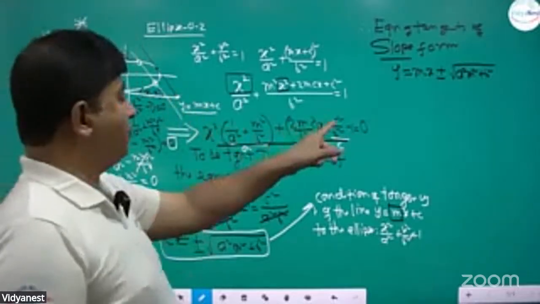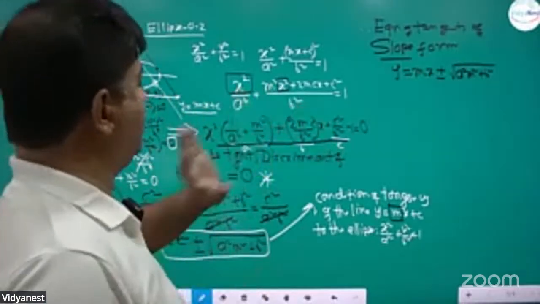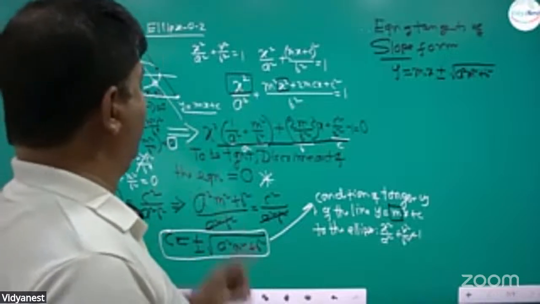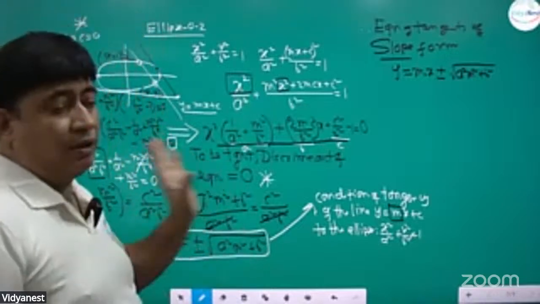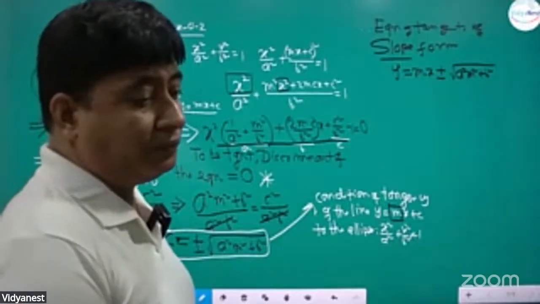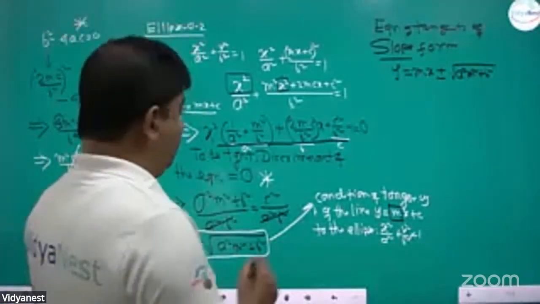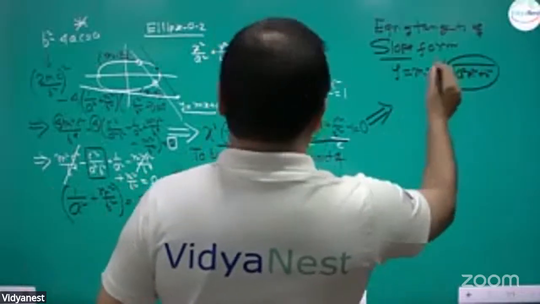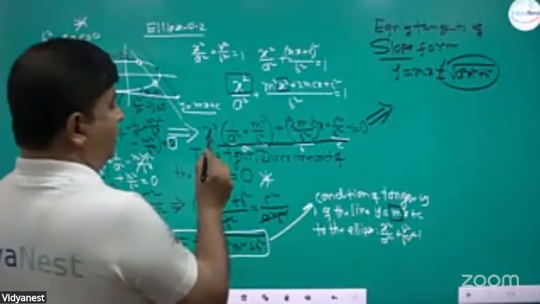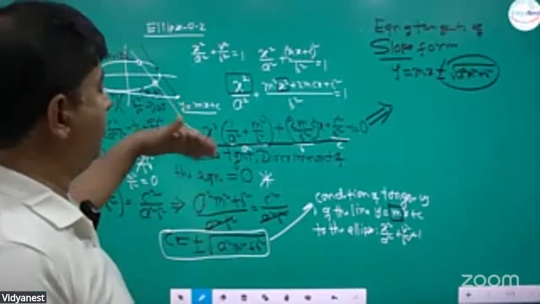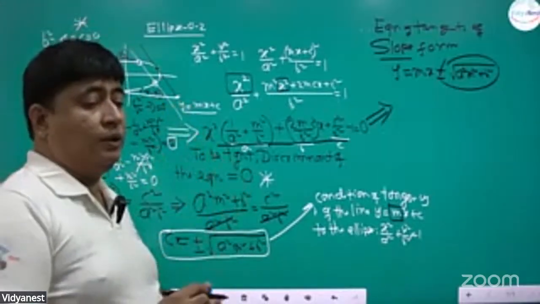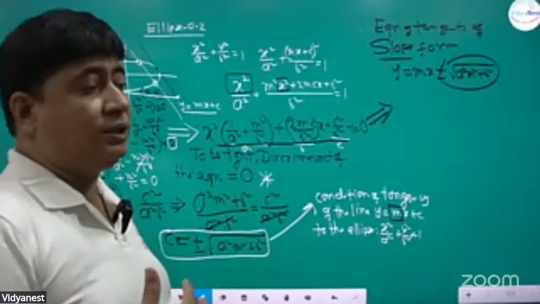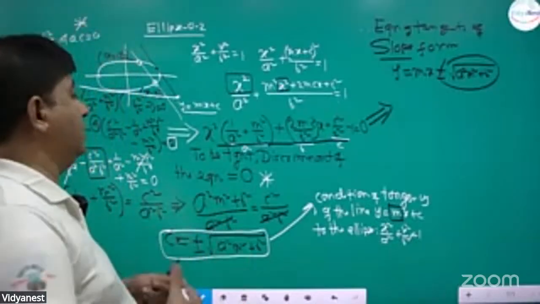In place of C, in lieu of C, we will put that value and you just see the outcome. Okay? Here this quadratic equation will be simplified to a new version.